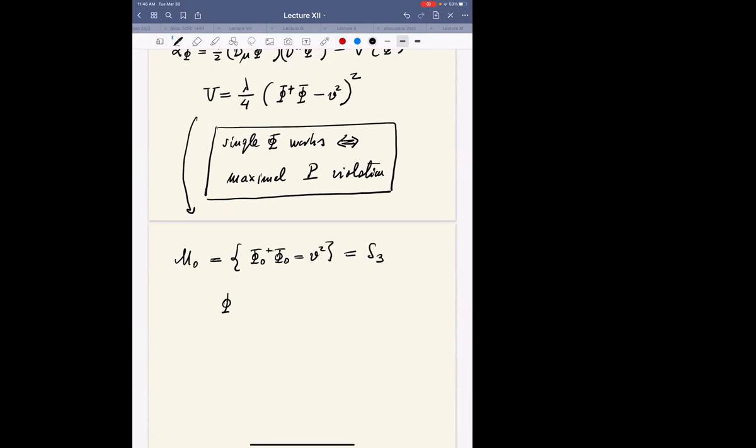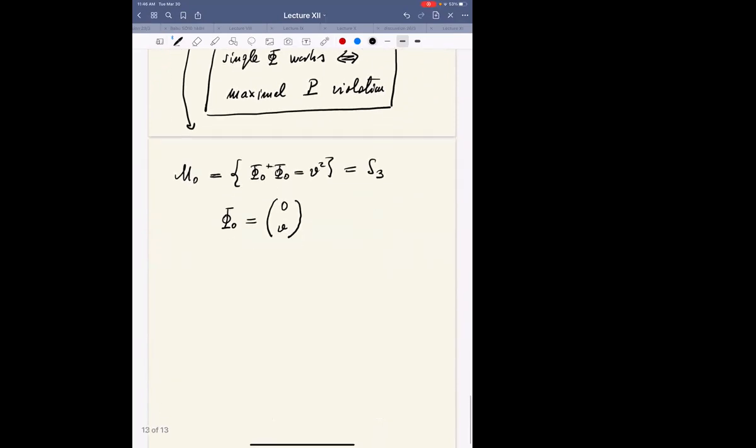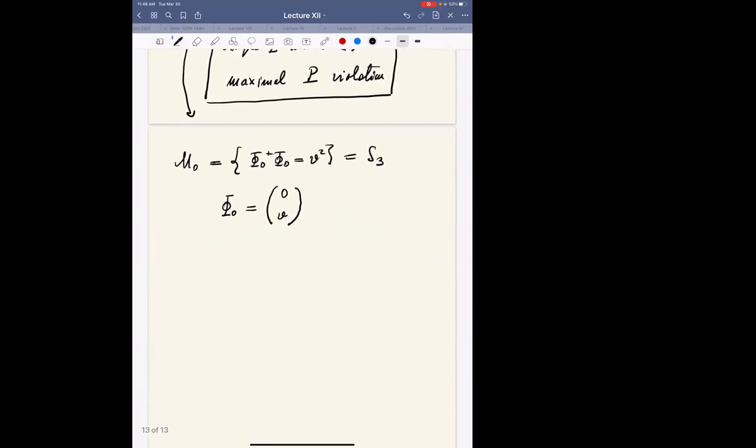I can choose the vacuum to lie on that sphere, and I'm going to choose this one. I showed you that the choice does not matter. We got the same masses explicitly, but it's just more elegant, simpler, easier to see if I choose this particular version. If I choose a more complicated one, then I have to rewrite things, redefine my fields.